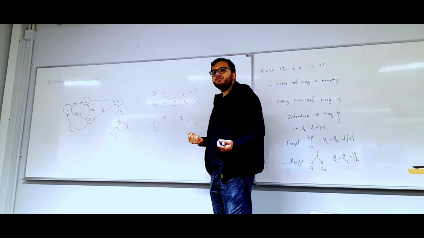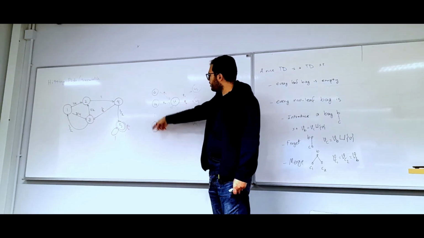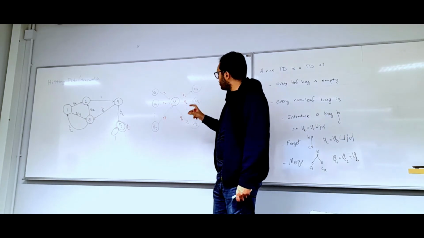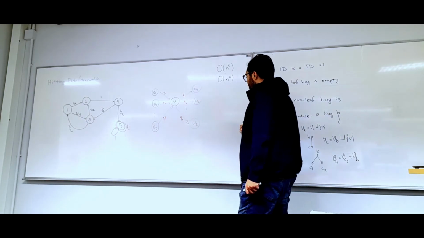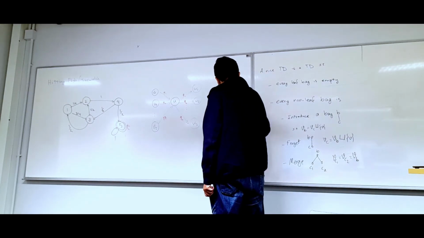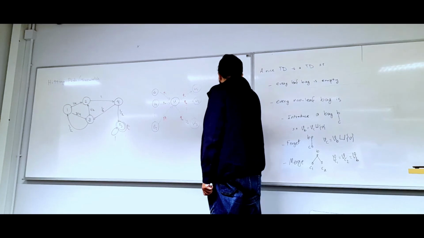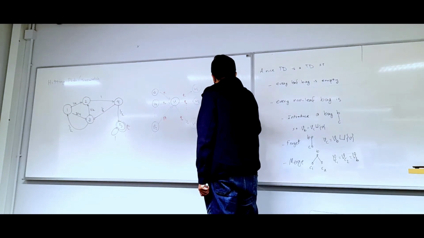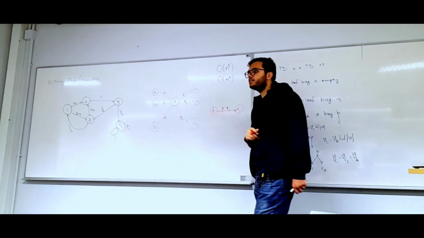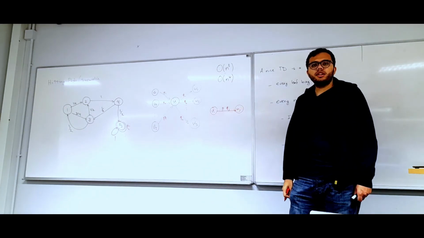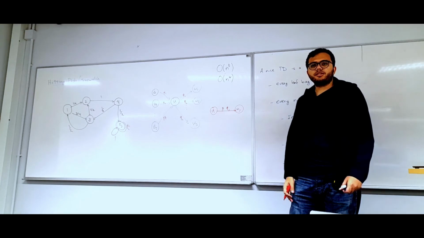And I can do the same thing for every pair of a predecessor and a successor. So in order to remove the vertex u, I take the predecessor vi and the successor wj, and I just add a direct edge with probability pi times qj. Right? And then I can remove the vertex u, and nothing changes in the rest of the graph.